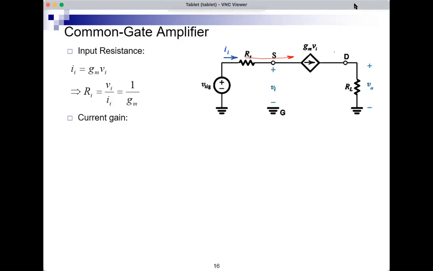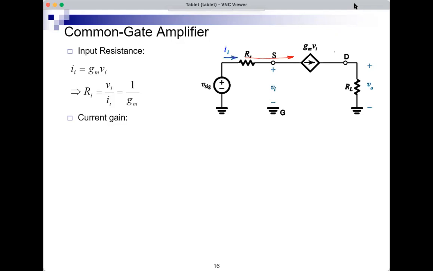And here, because the input current is not zero, let's look at the current gain. What is the output current divided by the input current? This is a quantity that we did not calculate before for the common source because it was infinite. When the input current is zero, whatever output current I have, the current gain would be infinite. But now there is an input current, there's some Ii, which is not zero.